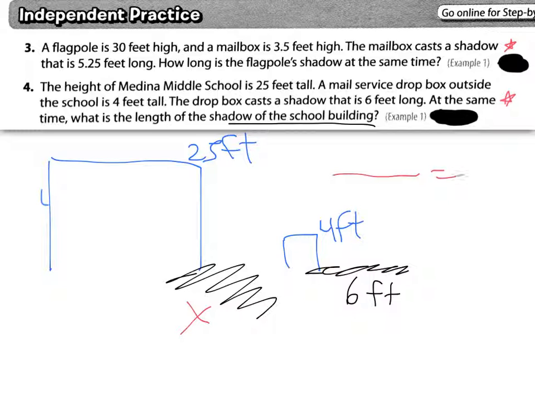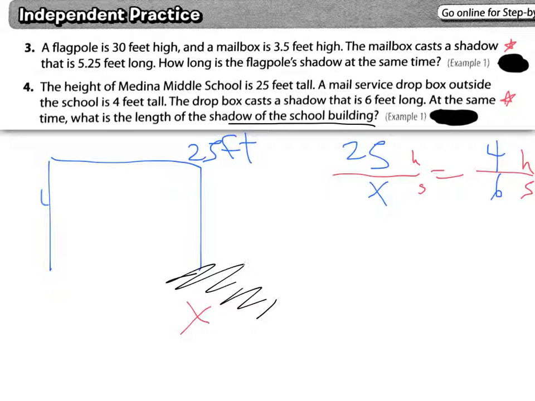Again, I always like to do height over shadow, height over shadow. So the height of Medina is 25 feet. Shadow we don't know. Height of our little mailbox is 4 feet. Shadow 6 feet. Let me erase some of this so we have some room.